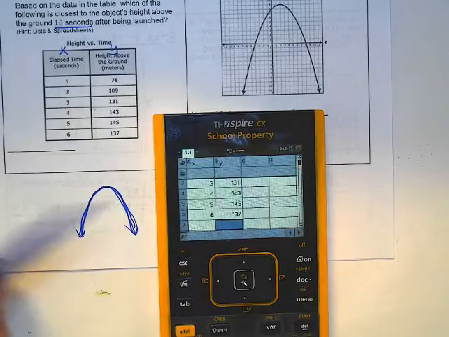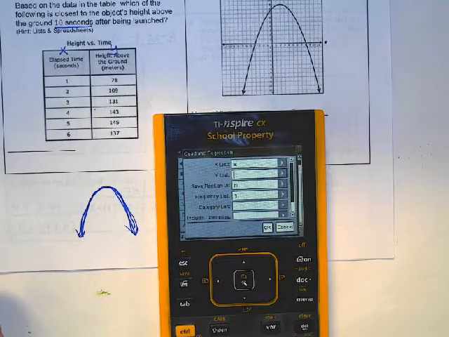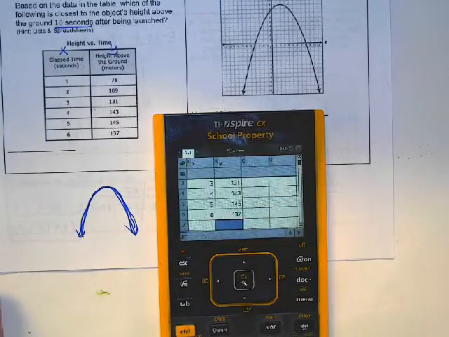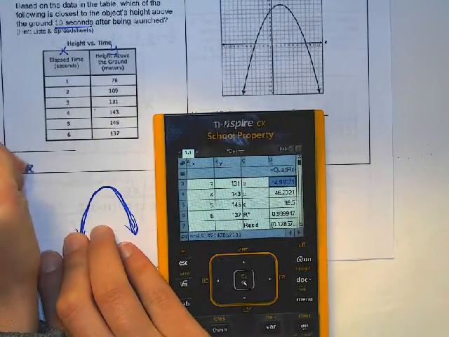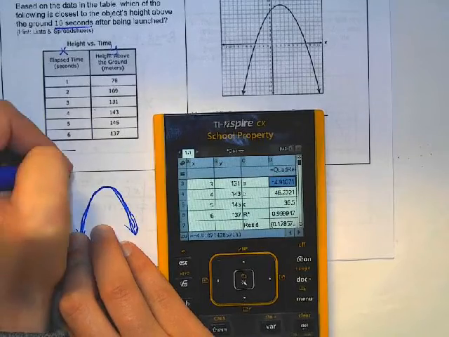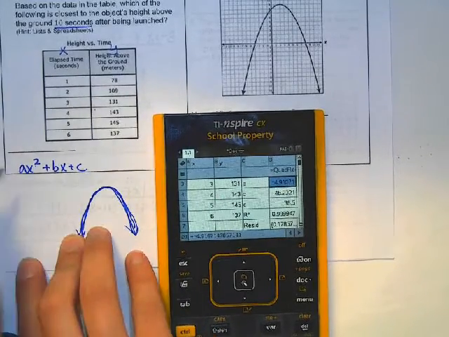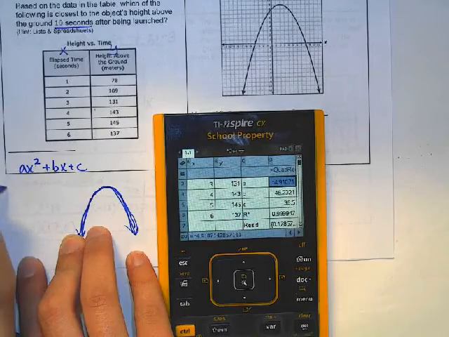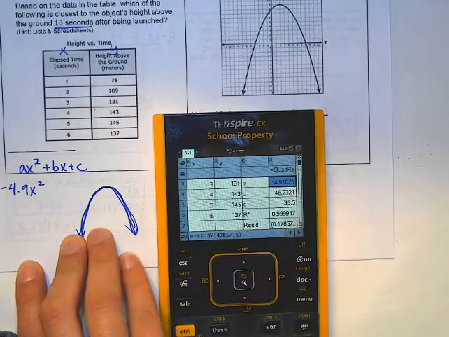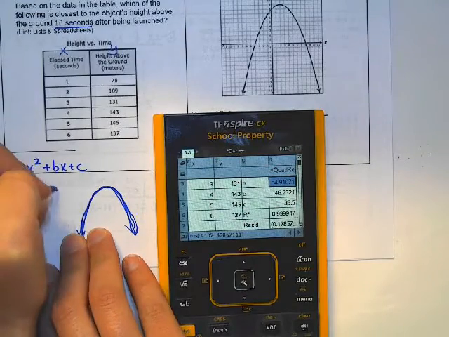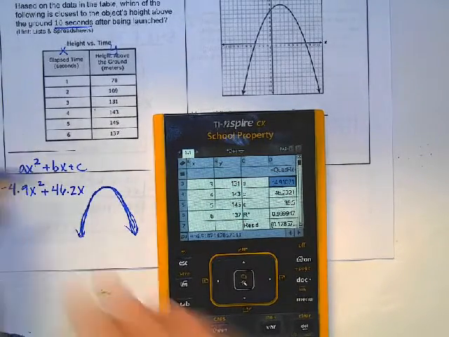Number 6, X and Y, everything stays the same, enter, enter. Okay, remember, our standard form is ax squared plus bx plus c, right? So my a, I'm going to round negative 4.9 x squared. My b is a positive 46.2x.